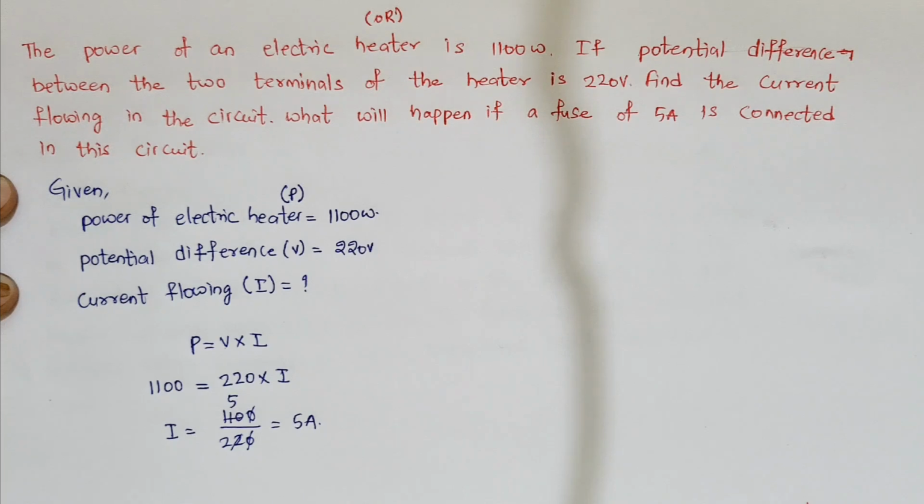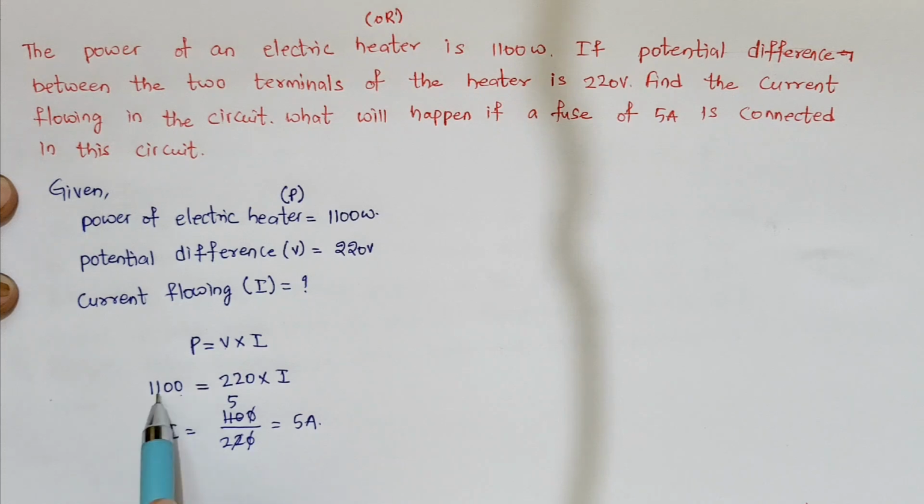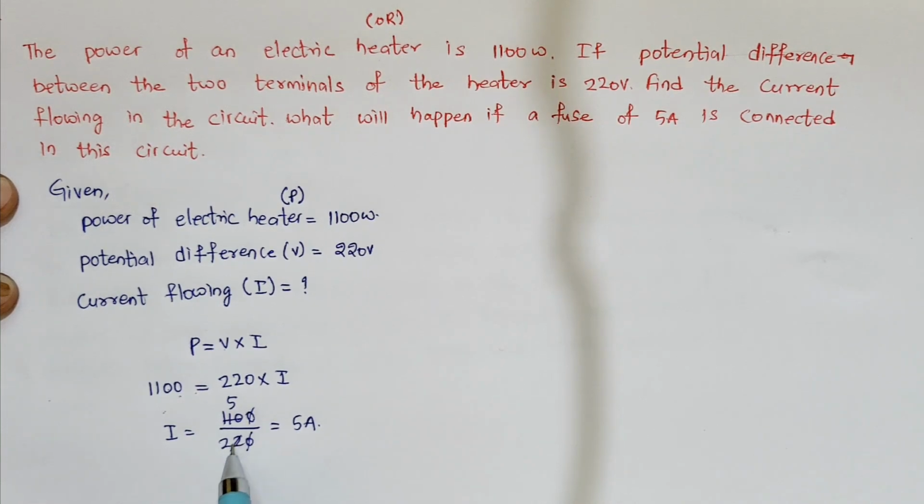Clear? Right. Don't get confused here. I just sent 220 to this side, so it becomes 1100 divided by 220 is equal to I. So I is equal to 1100 divided by 220. The zeros cancel, 22 ones are 22, 22 fives, I is equal to 5 amperes.